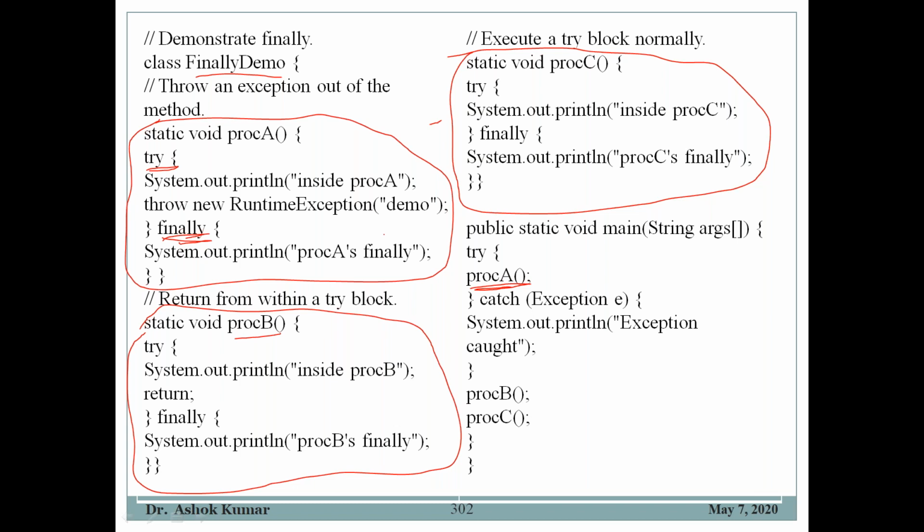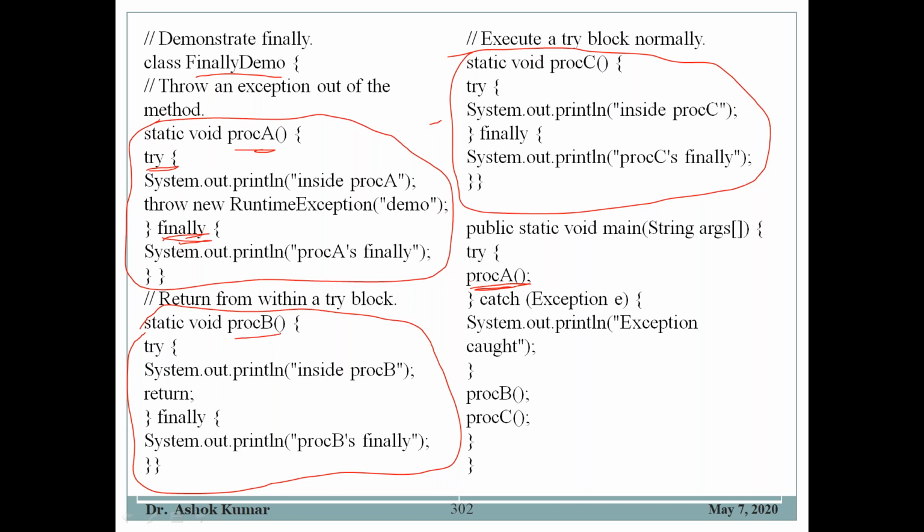When you call procA, this will get called. It is the case of the nested try, because we are calling the procedure inside the try block. So in procA again there is a try block. This is the example of the nested try also.